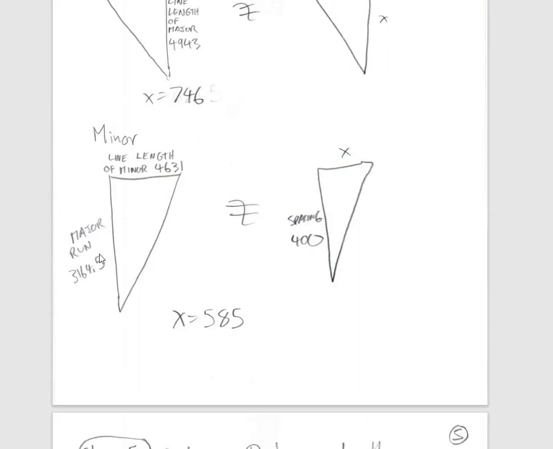The minor slant triangle being a function of the major run, and then the line length of the minor. And then the spacing, which is 400, will be proportional to the major run. And that'll give us our difference in length of minor valley jacks. Okay, 585.